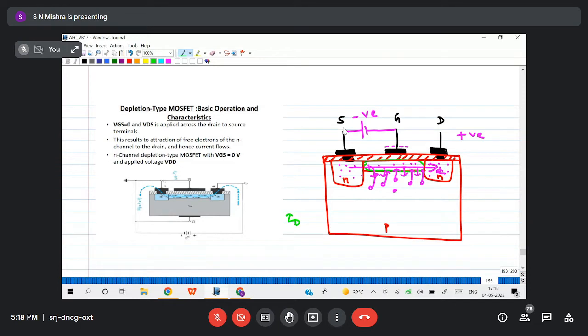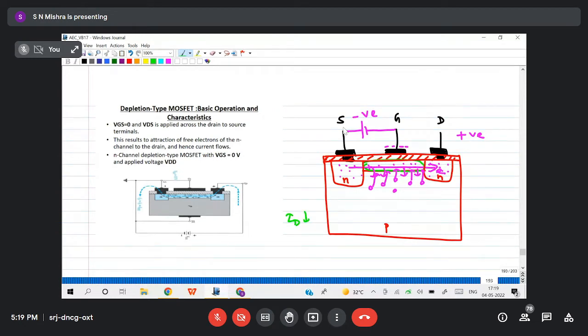Can you tell me, if the number of electrons is less in the channel, will ID increase or decrease? Decrease. So current will decrease.